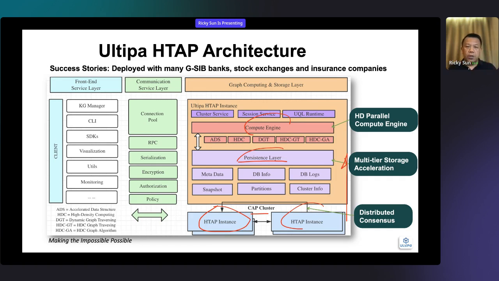Essentially, to allow data to quickly go through the system and be processed and return results. A lot of these analytics can be done in real time. So that's the uniqueness of HTAP architecture.